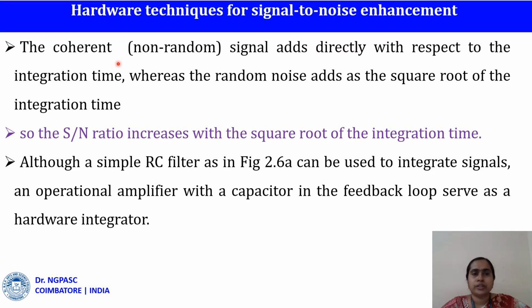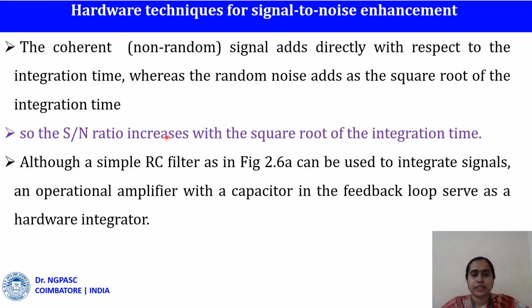The coherent or non-random signals add directly with respect to the integration time, whereas the random noise adds as the square root of the integration time. Therefore, the S/N ratio, or signal to noise ratio, increases with the square root of the integration time.